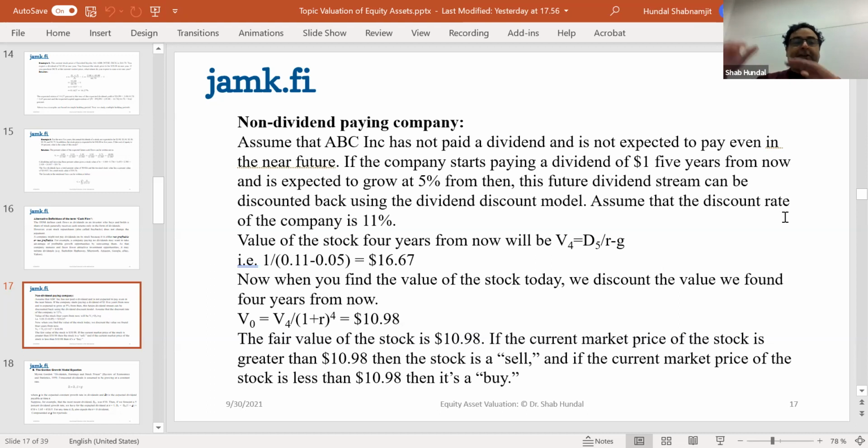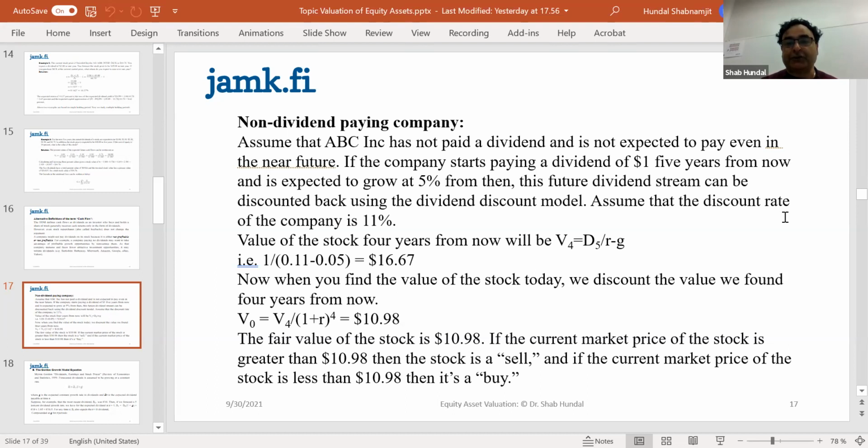It won't pay next year, not even the following year. It will only pay, hopefully, a dividend in the 5th year. And how much? $1. But then onwards, if it starts paying dividend, it becomes a habit, and the dividend would grow at 5% each year. So in the 6th year, they would get 5% more than $1, which means $1.05.